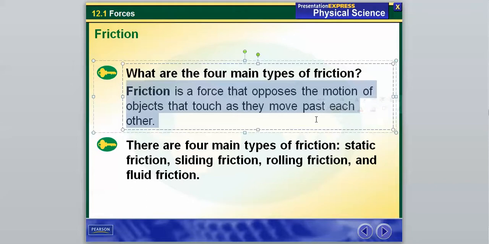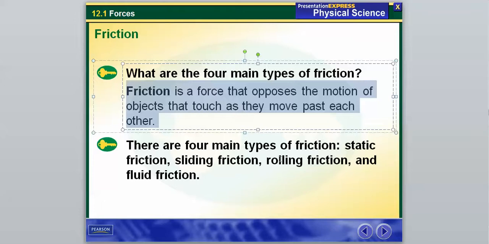Again, if there's no friction, it would just glide effortlessly back and forth. You could just push it with your two pointer fingers, but that's not the case because there is a force that's opposing or stopping the motion of your laptop as it touches the table as they move past each other. So that's what friction is. Again, something that's going to keep something from gliding.